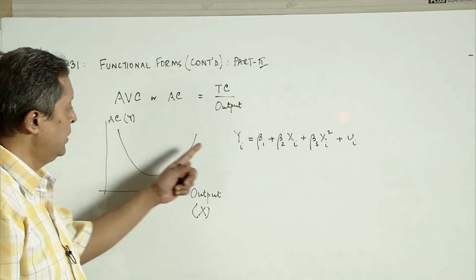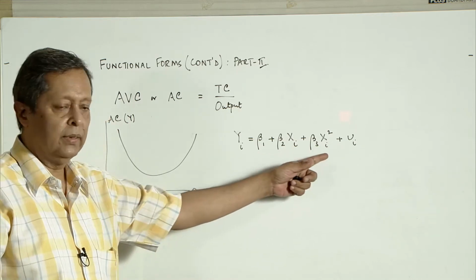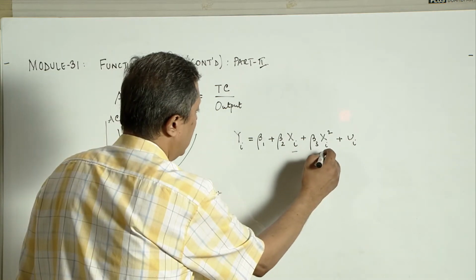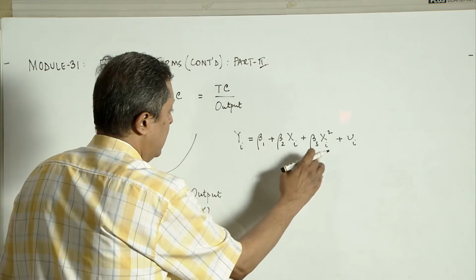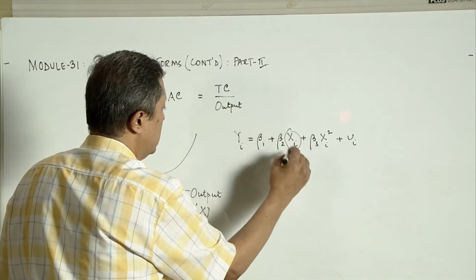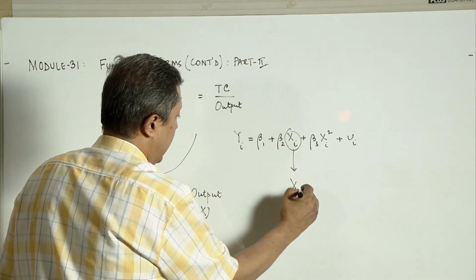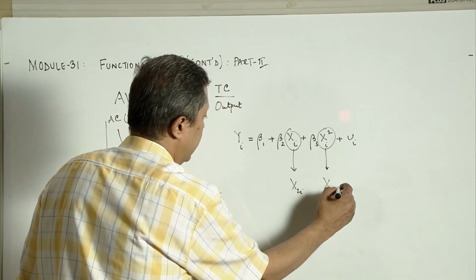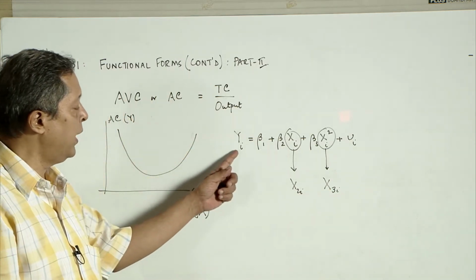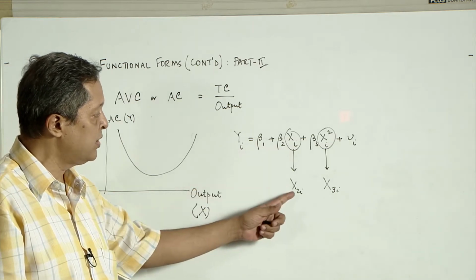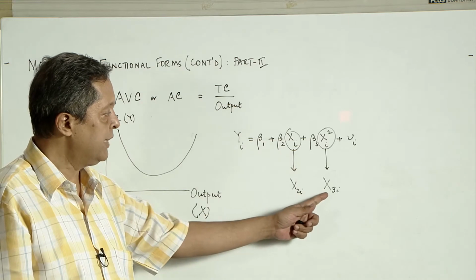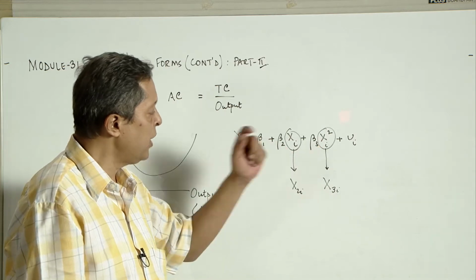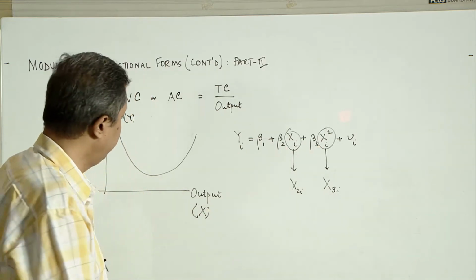So, the average cost is a quadratic equation in output, and obviously it is not linear in y and x, but we can just rewrite this xi as x2i, and we can rewrite this xi square as another variable x3i. So, now the model becomes yi is equal to beta 1 plus beta 2 x2i plus beta 3 x3i, where x2i is the output and x3i is the square of the output of the ith observation.